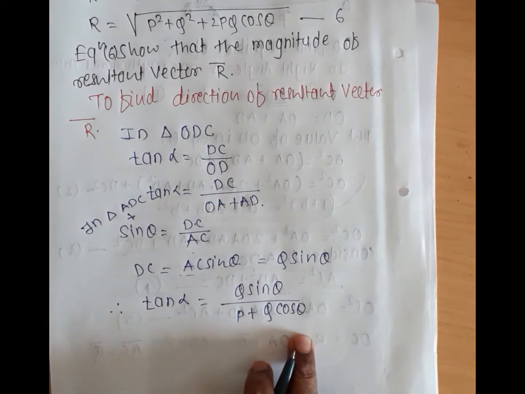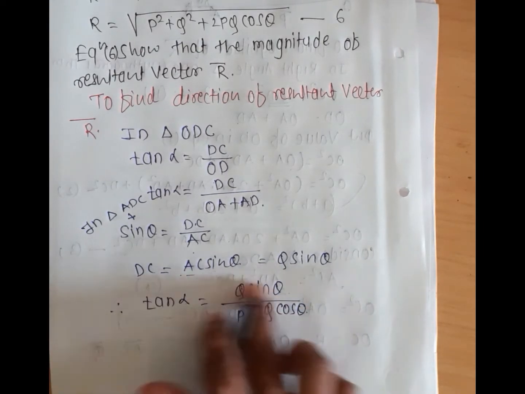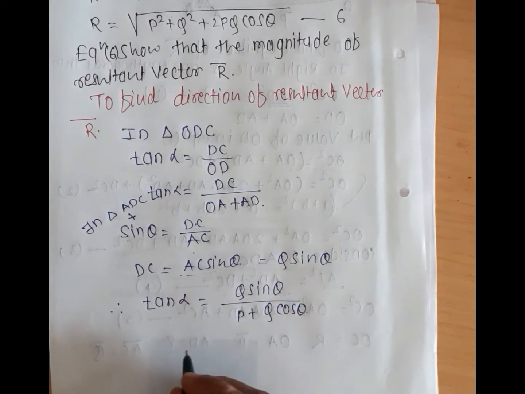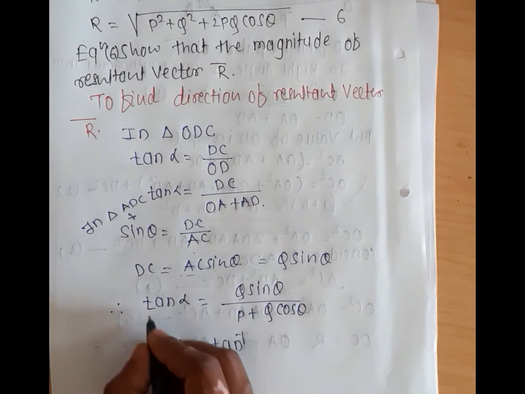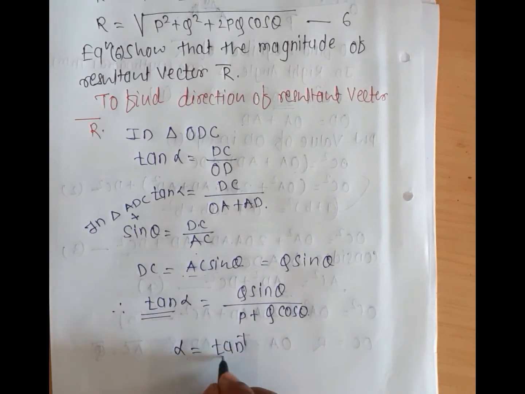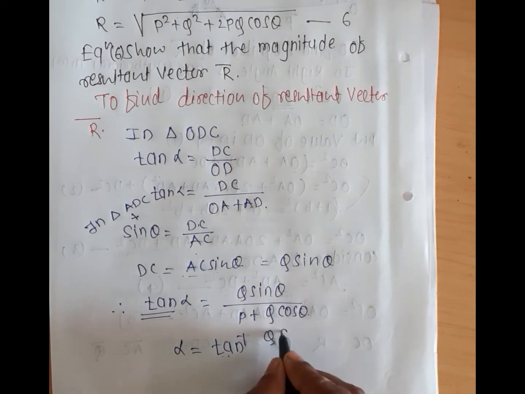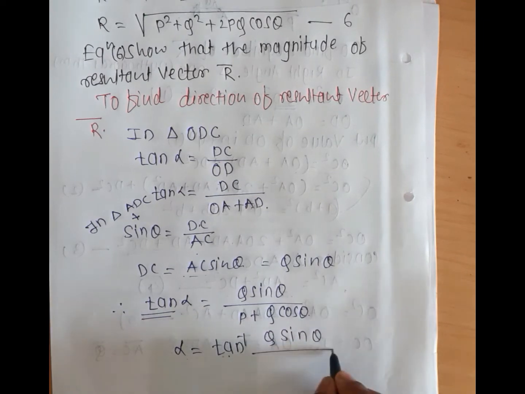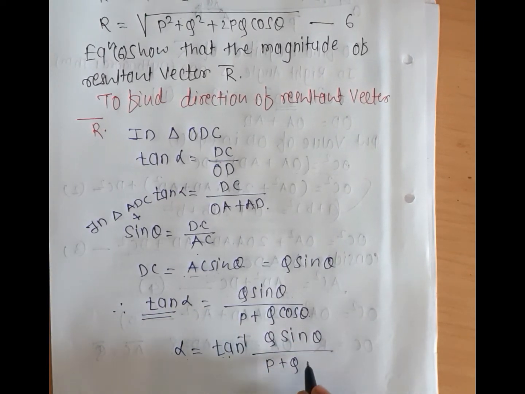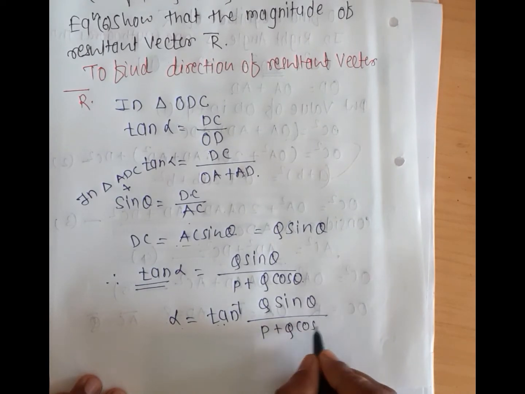So now we get the value of tan alpha. After that we find the value of alpha, because this angle has this value of tan alpha. Taking the inverse, alpha is equal to tan inverse of Q sin theta upon P plus Q cos theta.